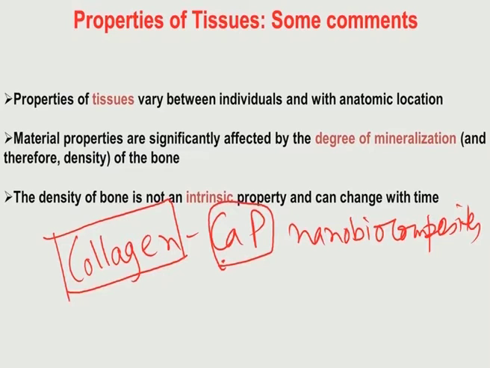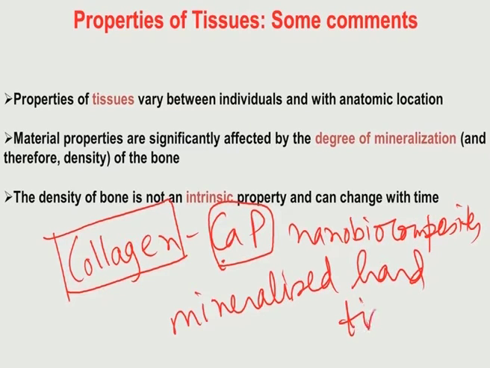Now, since bone is known as a mineralized hard tissue, mineralized hard tissue means the presence of calcium phosphate, which is considered in the materials nomenclature as the mineral content in the bone.